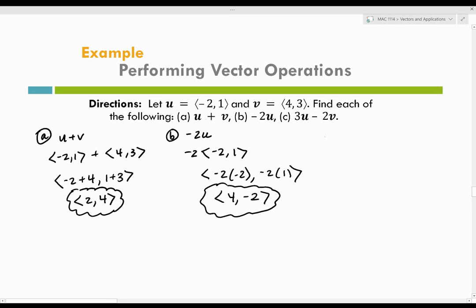And the last one that we've been asked to do is 3u minus 2v. So not only are we going to subtract these vectors, we're also going to be multiplying them both by a scalar. So let's write them in their horizontal and vertical component form. All right, so I'm going to multiply that 3 by the horizontal and vertical component of vector u.